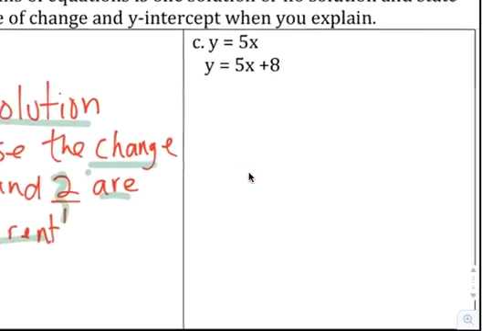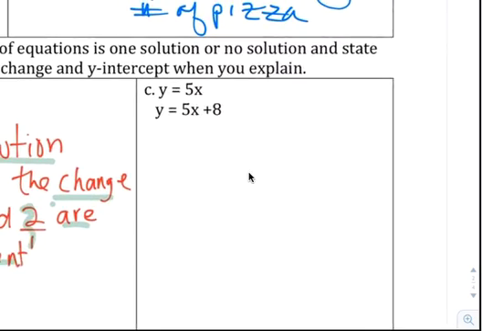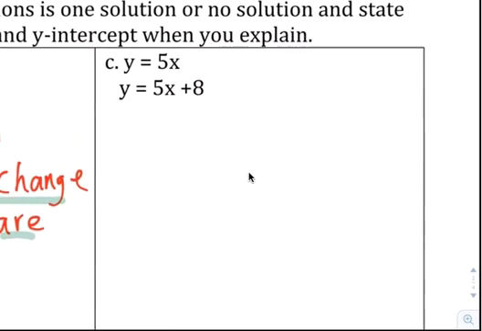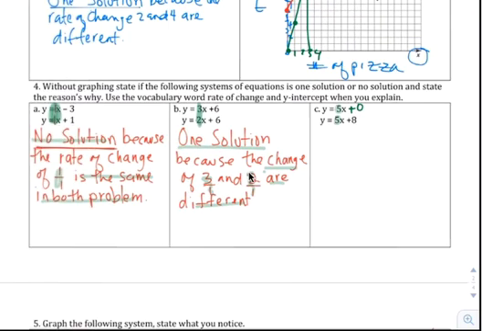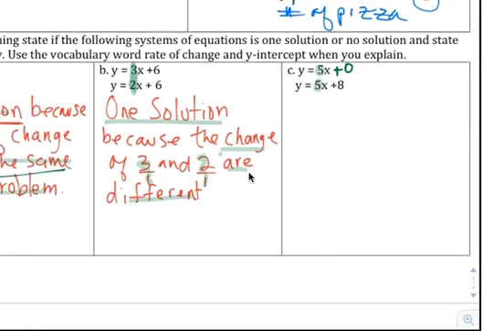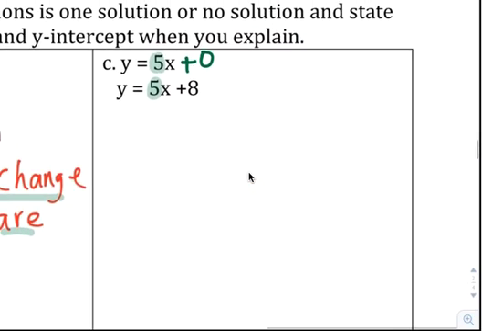C, that one solution means the graph meets at one time, right? This here, you notice the rate of change of 5 and 5 are the same. If there isn't any, it's a plus 0, remember that. Because the rate of change is the same, there's going to be no solution.